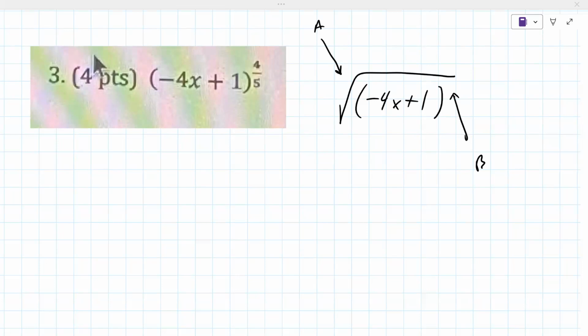So the A would be 5, okay, and the B would be 4. That's it. Nothing more, nothing less. Okay. All right. Is that okay?